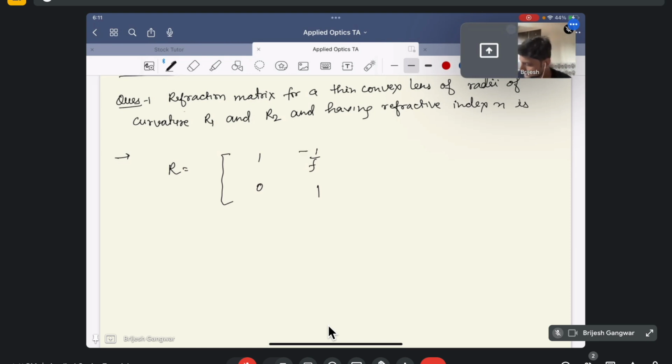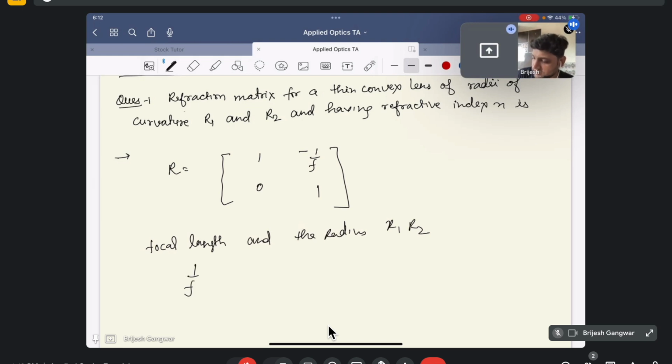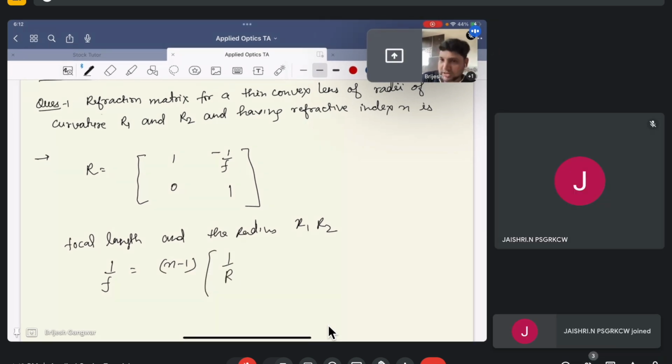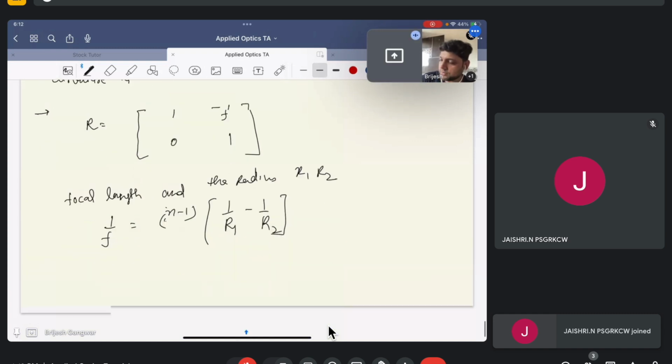Now, what is the relation between focal length and the radii of curvature r1 and r2? As we know, 1/f = (n - 1)(1/r1 - 1/r2).